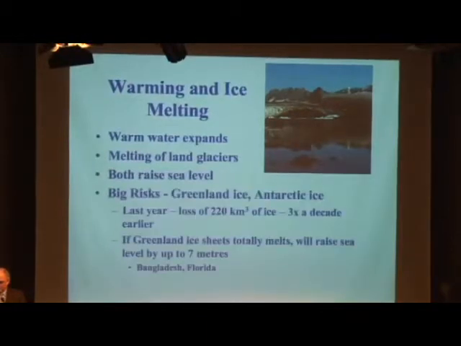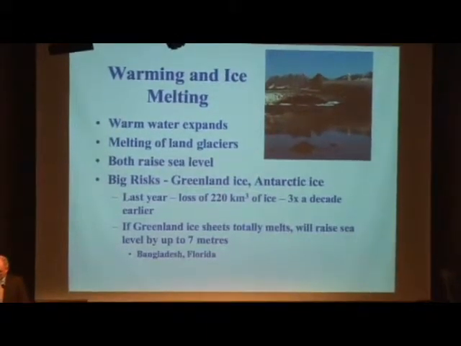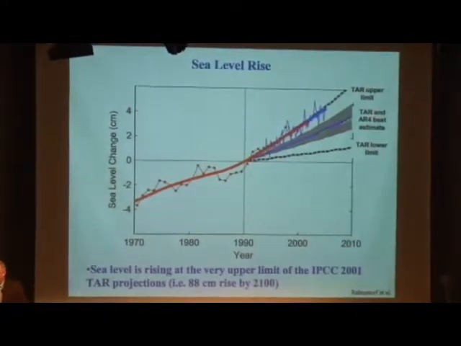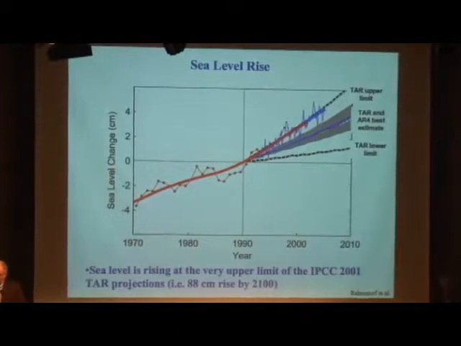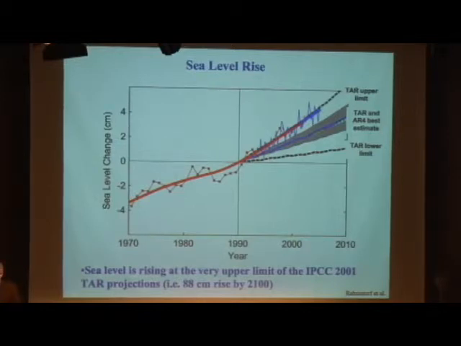With the melting of ice, we can only say we think there will be sea level rise. And again, we're concerned because if we look at the sea level rise over the last decade or so, that is the curve we're following, riding up there.